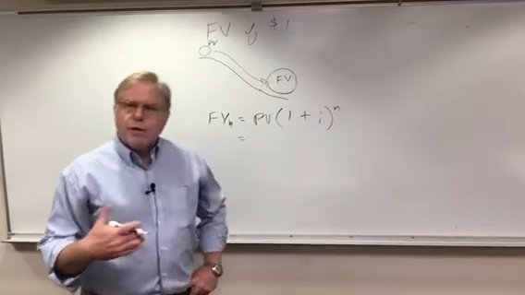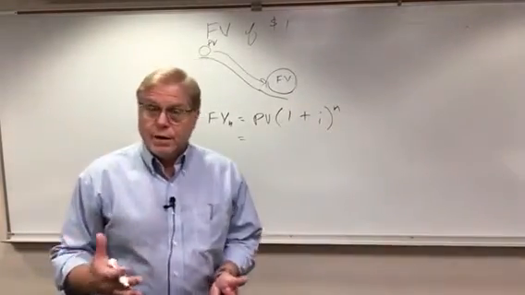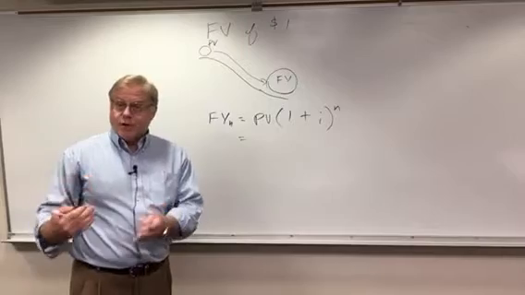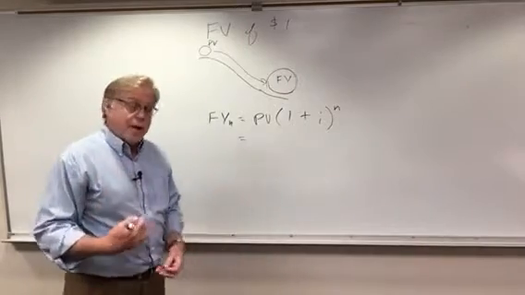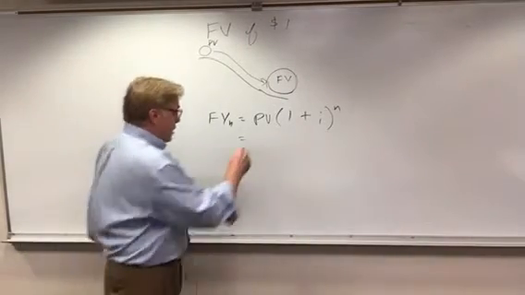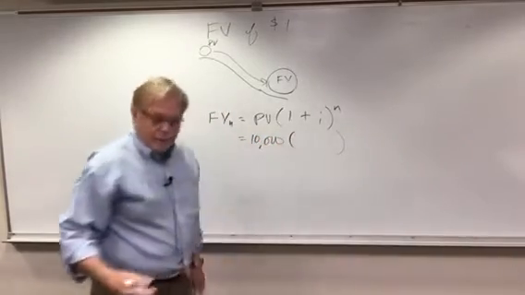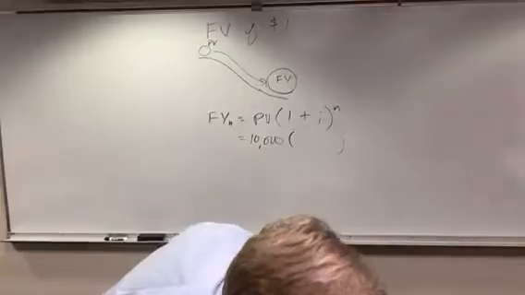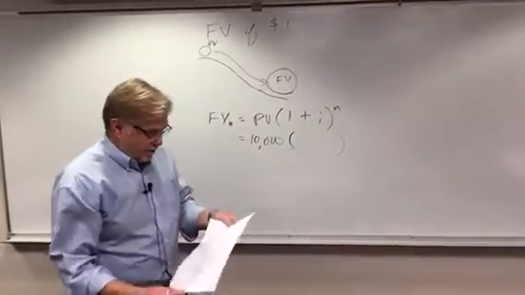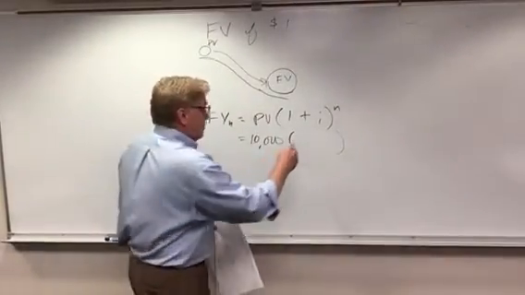But what happens if we increase the frequency of compounding, all else the same? In other words, the annual interest rate is the same. We're just talking about compounding more frequently. Let's say, I think it's on the snowball sheet there, what if we have quarterly compounding instead of annual compounding? Well, what changes here?